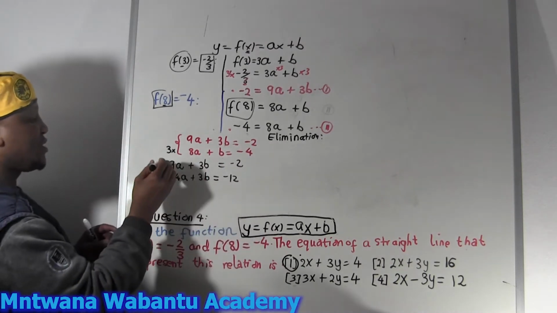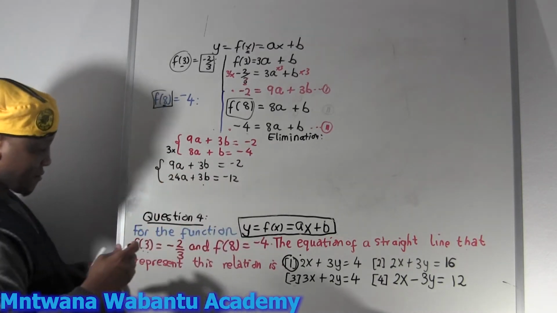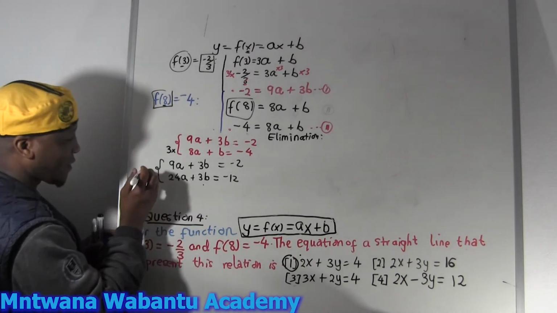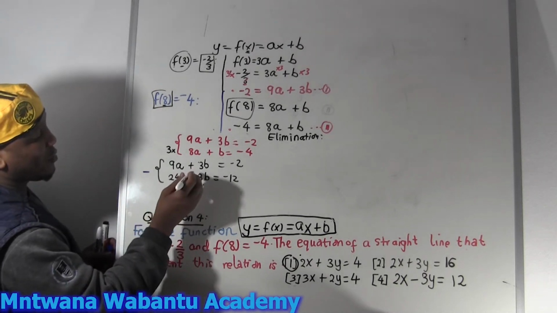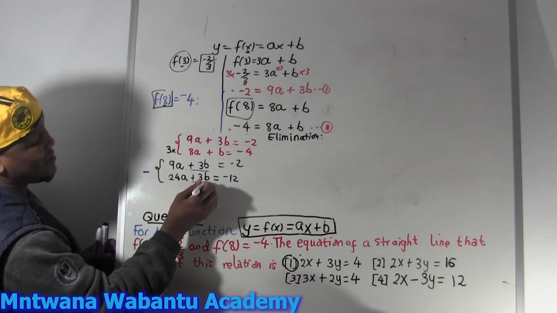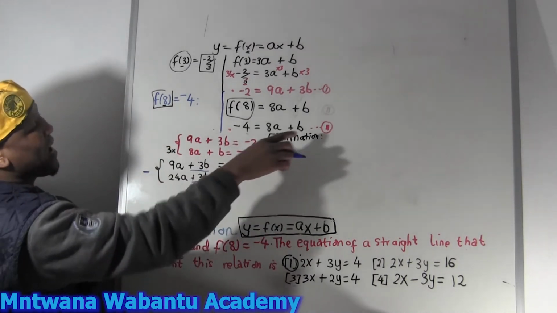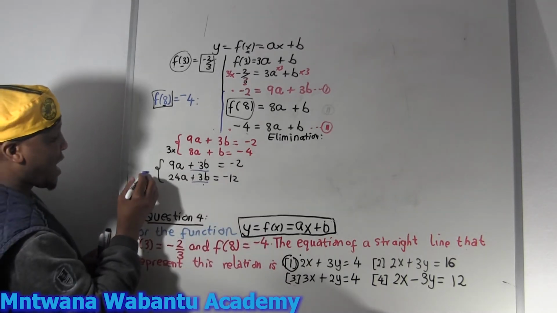So what we're going to do here, see, now they're the same. Since they're the same, I know here I'm going to put minus, because we have 3b, 3b. The only way I can eliminate them, that's what is called elimination, means removing, I have to subtract here.